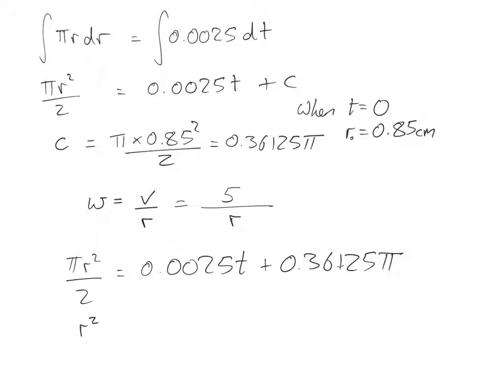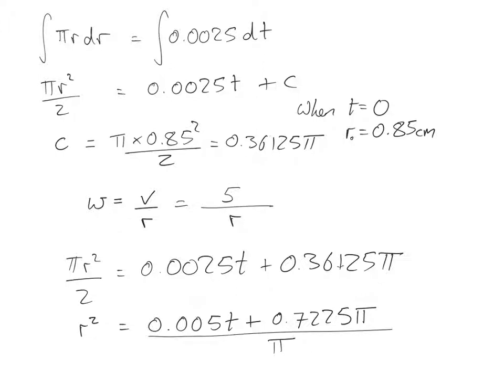So r squared equals 5t plus 0.7225 pi all over pi. So r is the square root of that.